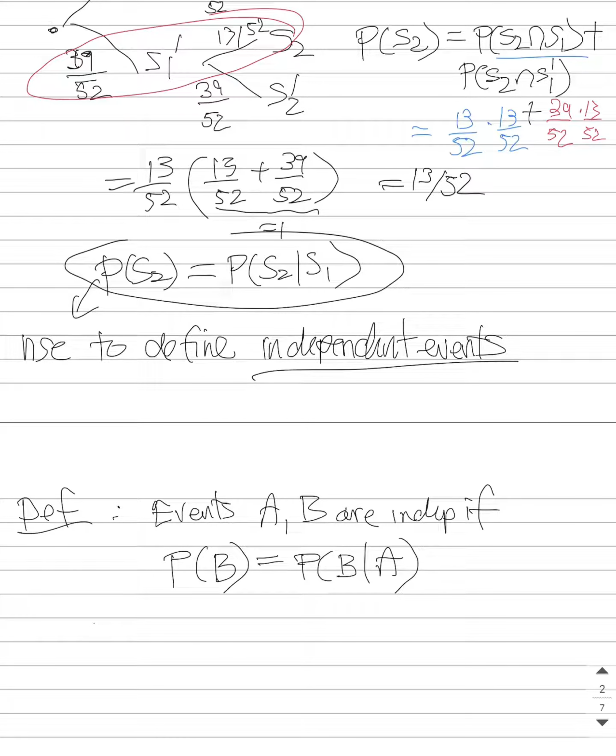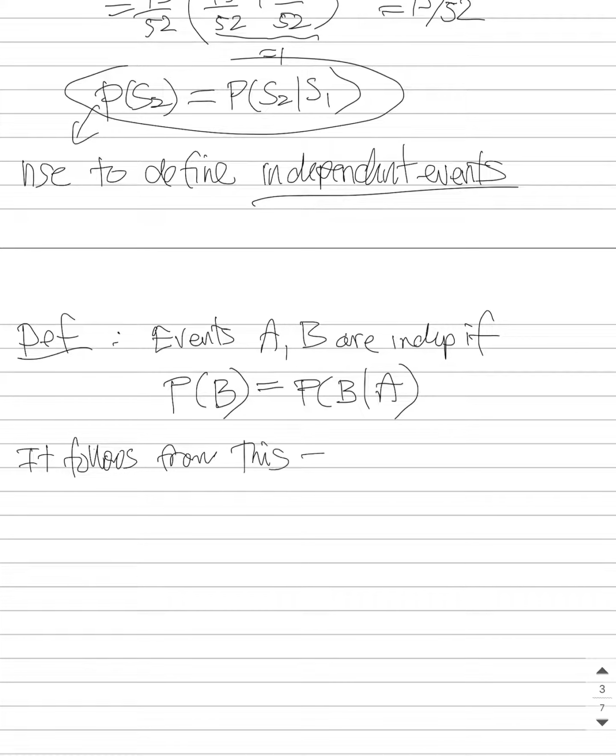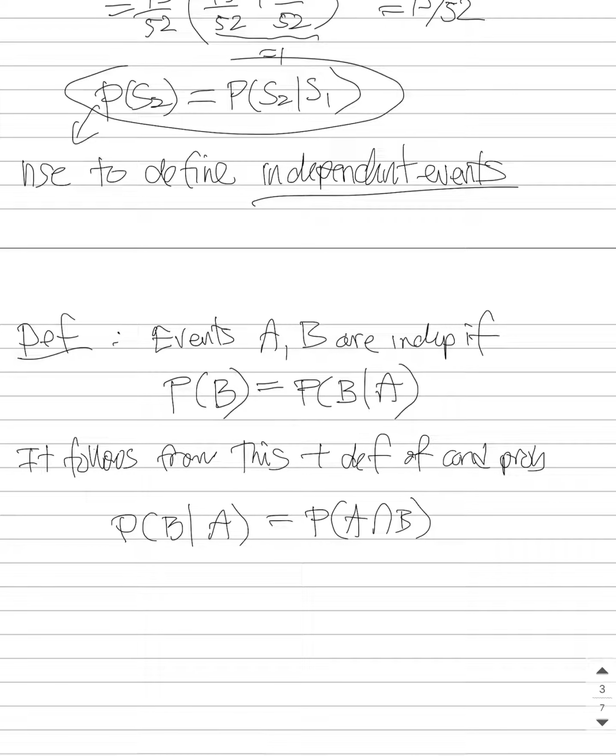And it follows from this and the definition of conditional probability. Remember that conditional probability said, look, things are happening sequentially, so you should calculate it like this.